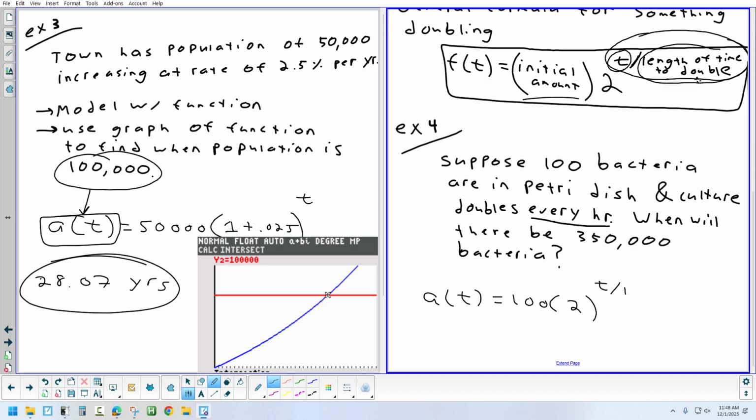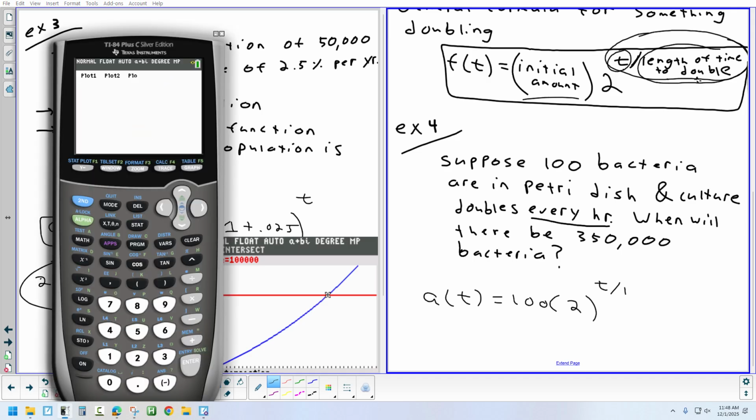So because it's just a 1 in this case, it really could just be a t. But if it wasn't a 1, that would be a 1. Okay, let's put that in. So we got 100 times 2. As long as you put a time sign, you don't need parentheses. I just wrote it like that on paper, but you can put the parentheses and it would work the same.